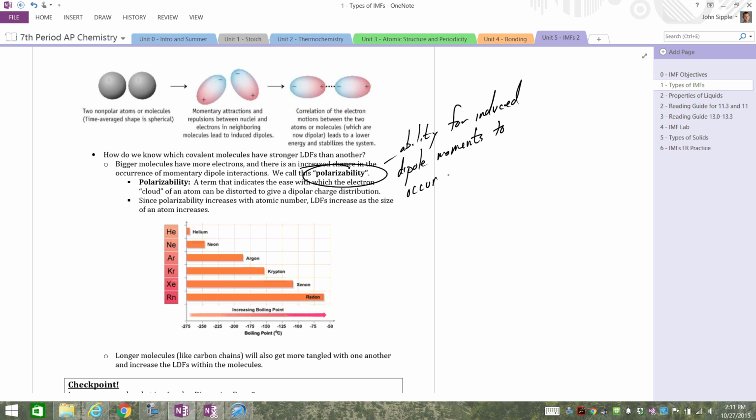So it's more polarizable as you move down the group because the molar mass increases. So you can see the boiling point increases because it takes more energy to break the London dispersion forces between the molecules, because they're stronger because of the larger molar mass. There's more London dispersion force with larger molar mass.